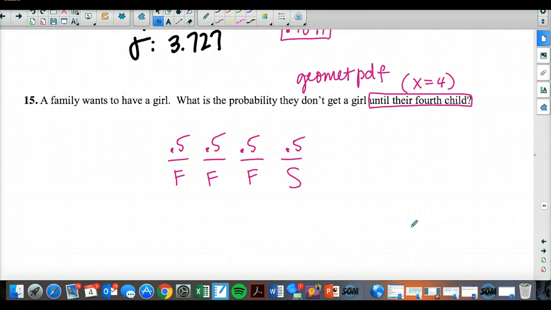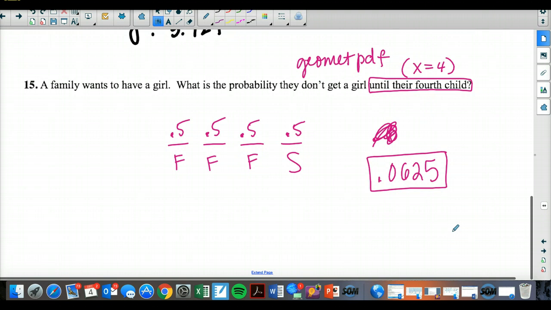So it's actually 0.5 to the 4th power, which is 0.0625, the probability that they do not get a girl until their 4th try. And if you did second VARS and geometric PDF, with probability of success 0.5, on the fourth trial, you will get the exact same answer. So you could do it by listing it out, or you can do it by plugging it in.